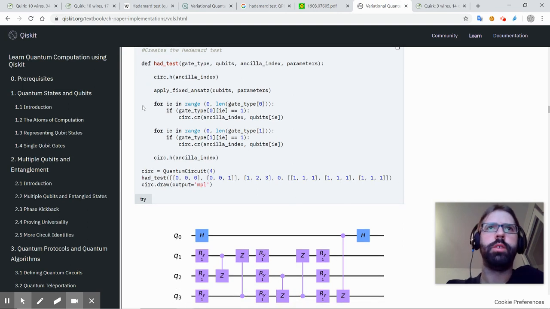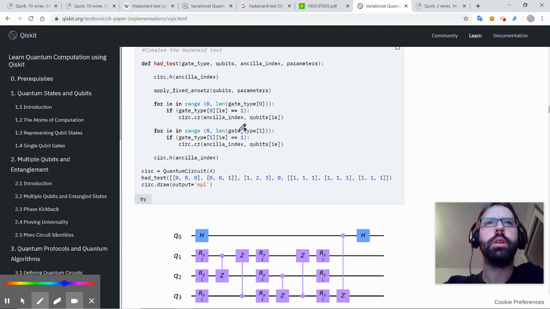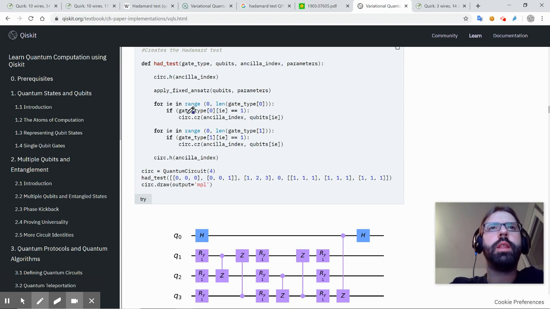Okay, so there's something off in here. What are the gate types? You're kidding me. So gate type, what is 000? Qubits 001.